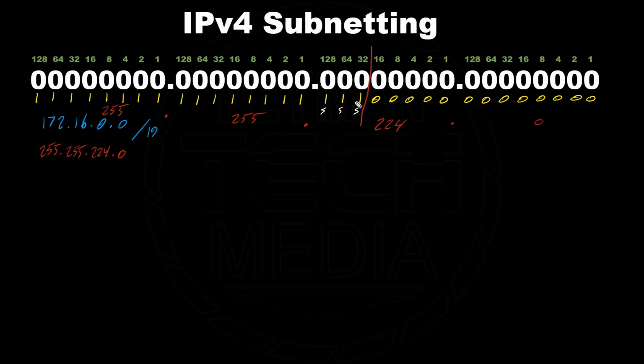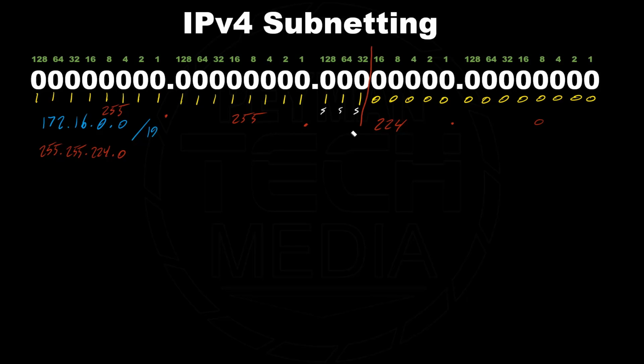That's where we have the cut line, because we have 19: 8 plus 8, 16, 17, 18, 19. That's the cut line, the rest of them 0. So the third octet, known as our interesting octet, is the first step: find the interesting octet.